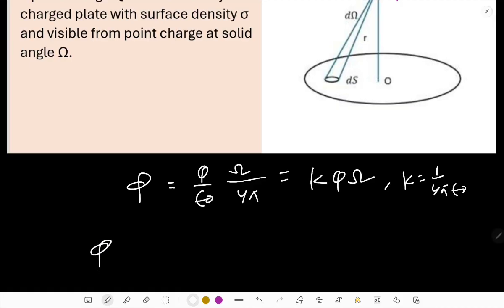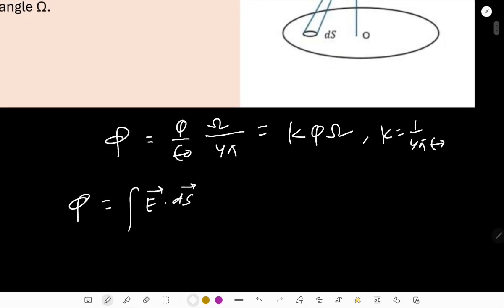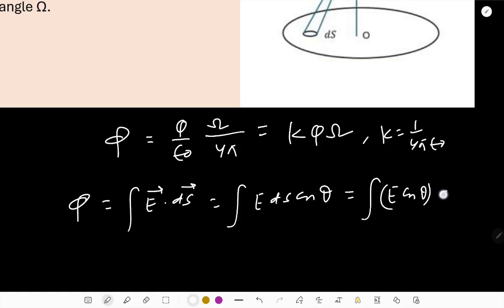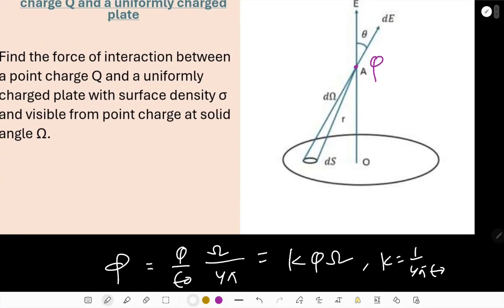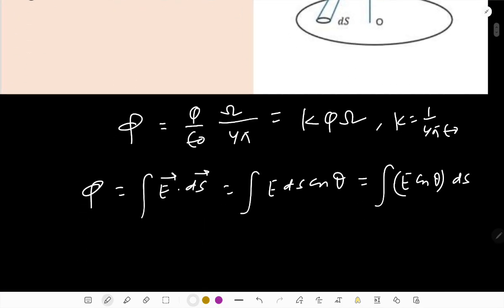And phi can be simply written for any surface as the flux E dot ds, and this is again E ds cos theta, and you should read it like E cos theta ds, and this E cos theta is perpendicular to the plate. So I would like to write E cos theta as simply E perpendicular multiplied by ds. Then I will do one thing.